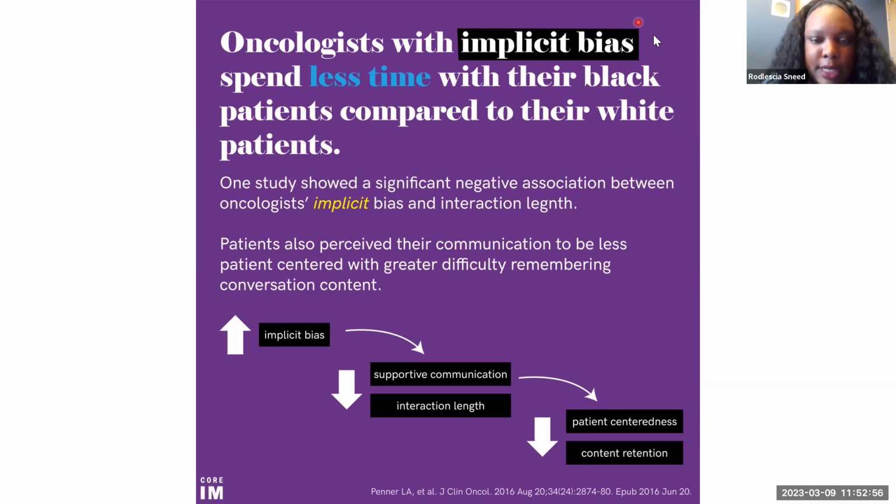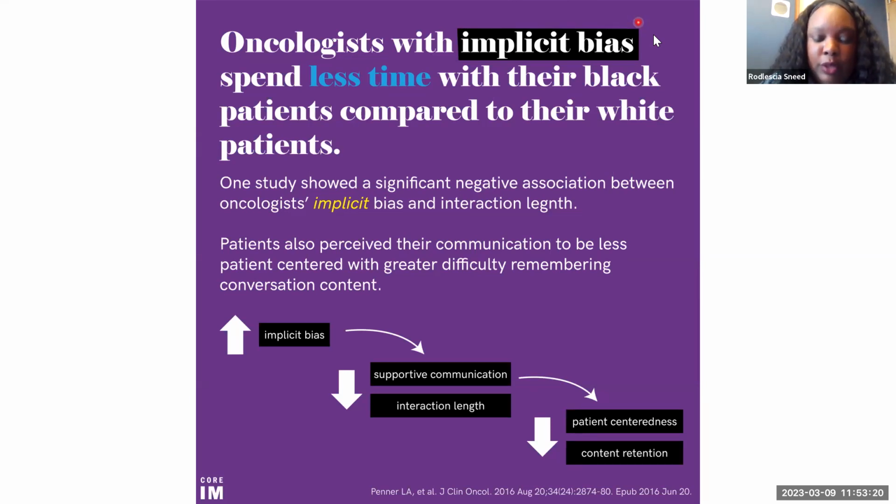What they found is that oncologists who had more pro-white bias, as measured through the IAT, provided less supportive communication to Black patients than they did to white patients. And additionally, they didn't spend as much time with Black patients when they had higher scores on the IAT, when they had more implicit bias.